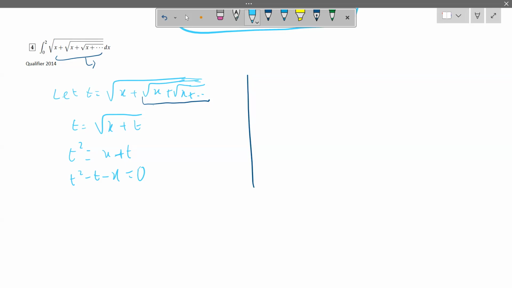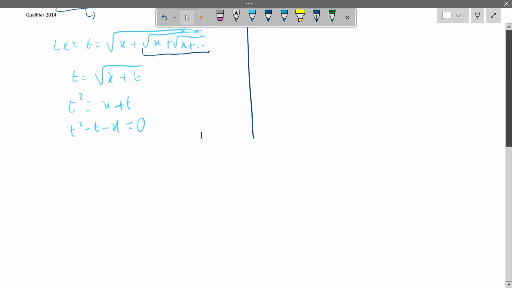Now here, remember that t is the variable and x is treated as a constant. So we can use the quadratic formula to figure out what t actually is. Using the quadratic formula, we get t equals 1 plus or minus the square root of 1 plus 4x, all over 2.